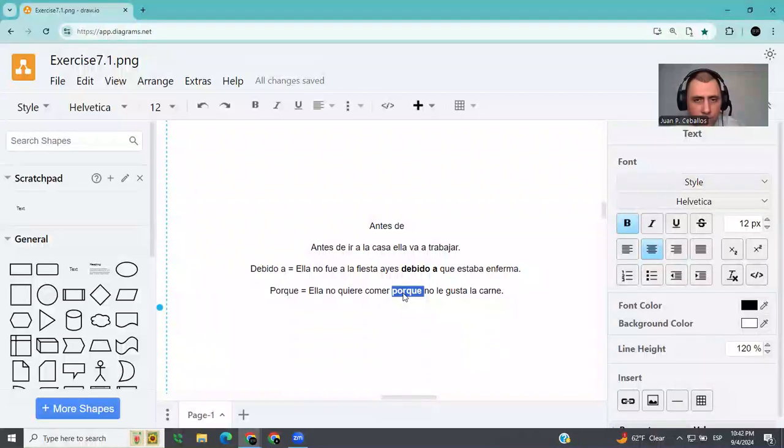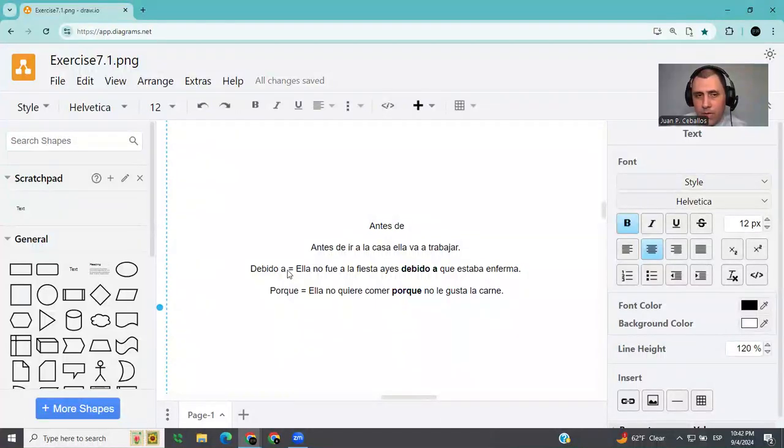So you have to pay attention with because in English, because you can have two different translations into Spanish. The first one is debido a, and the second one is por qué. If because can be replaced with due to or because of, then in Spanish it translates debido a. If because can be replaced with the reason of, or just because of this reason, then it translates por qué.